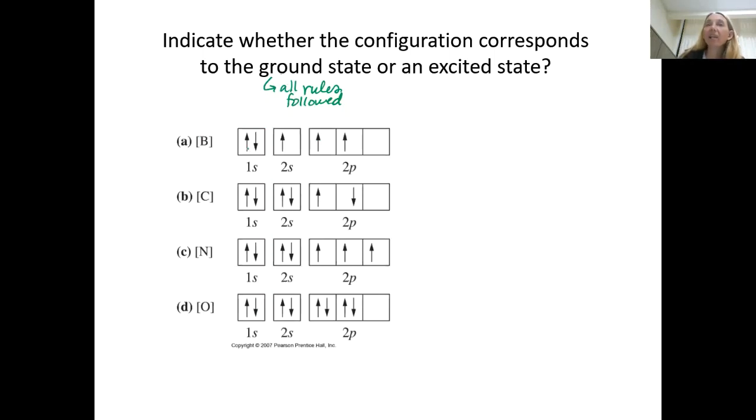If this was in the ground state, then all of the rules would be followed. Now, if it's an excited state, that means there's added energy. Okay, and so if we just add a little bit of energy to an atom, then it allows the rules to be broken.